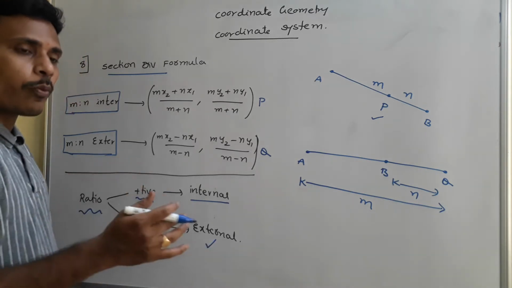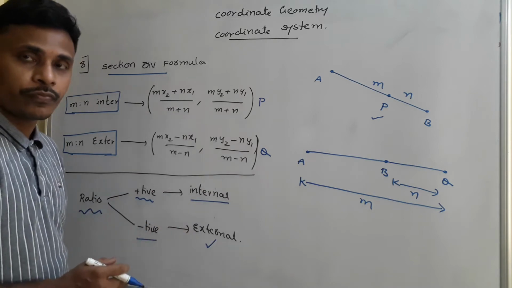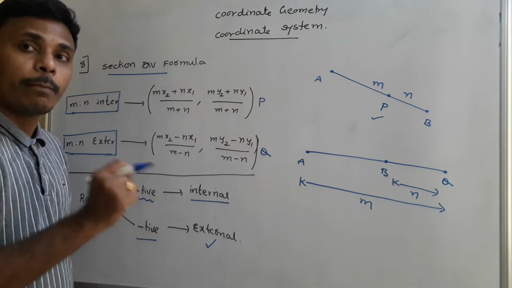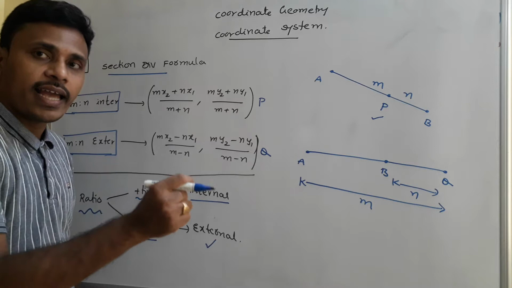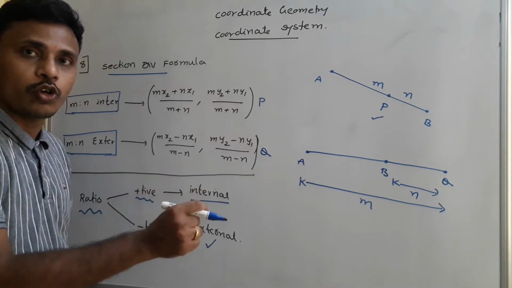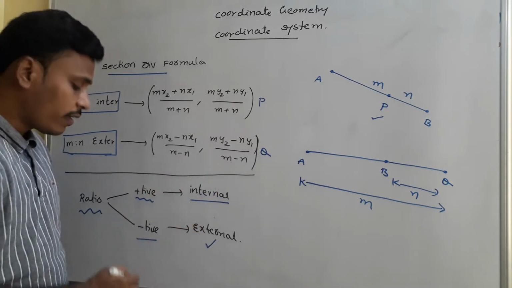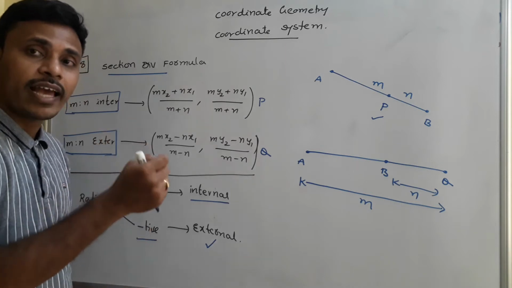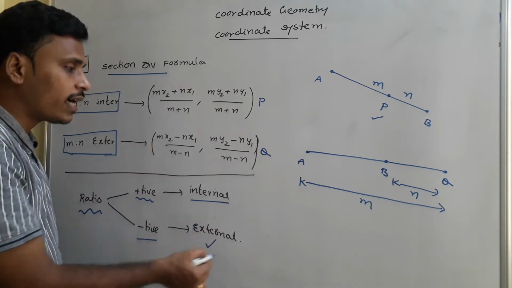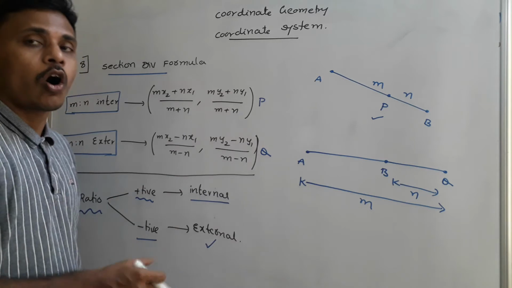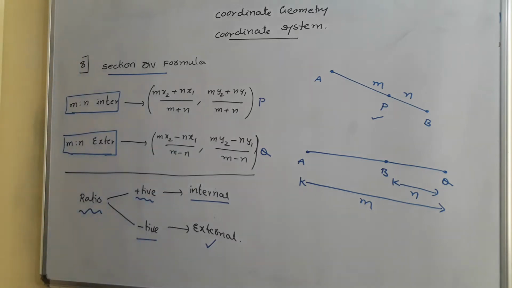Actually, there is no positive or negative ratio; we have a ratio, but if a minus sign is used before the ratio as a notation, that negative sign indicates external division. All these things we discussed in the previous class.